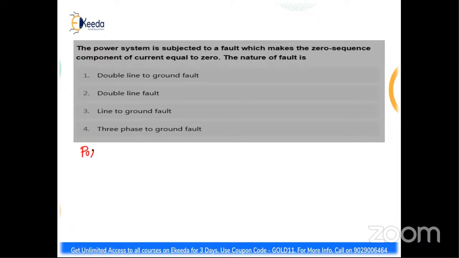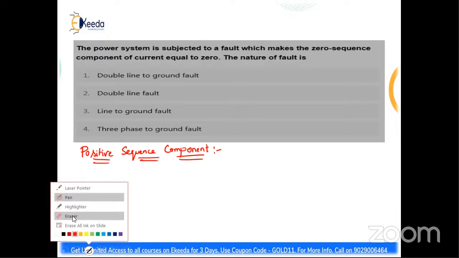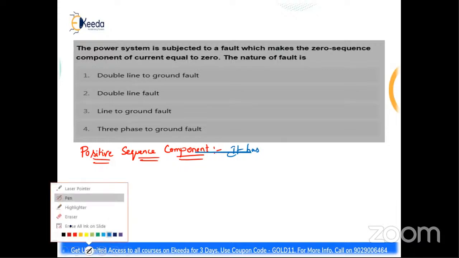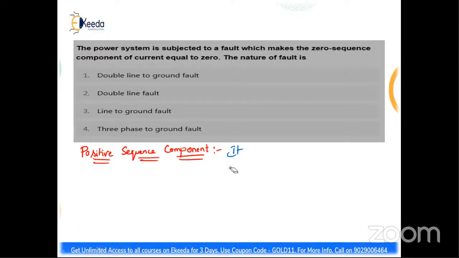Positive sequence component has how many vectors?